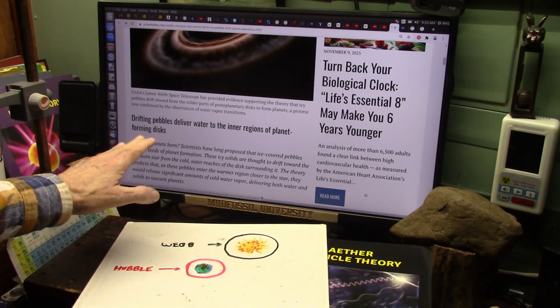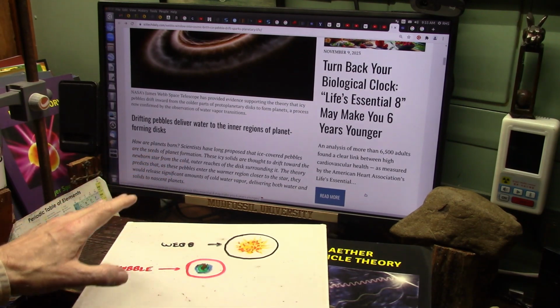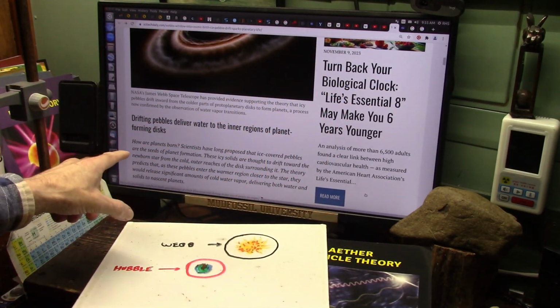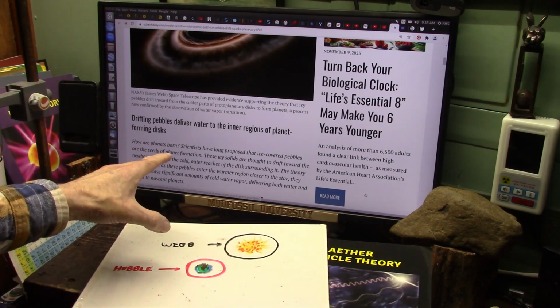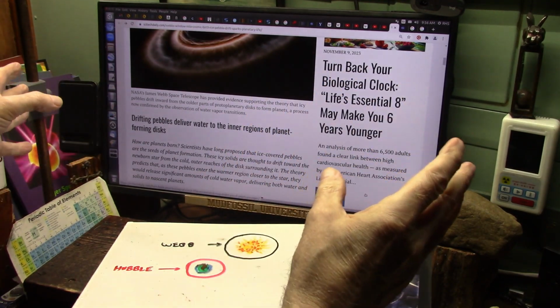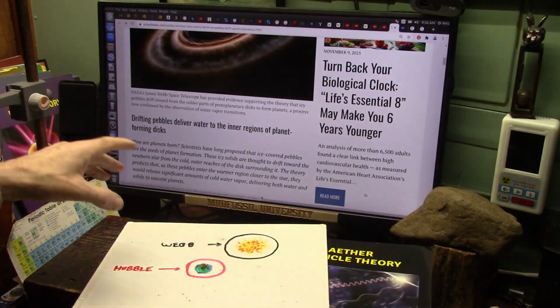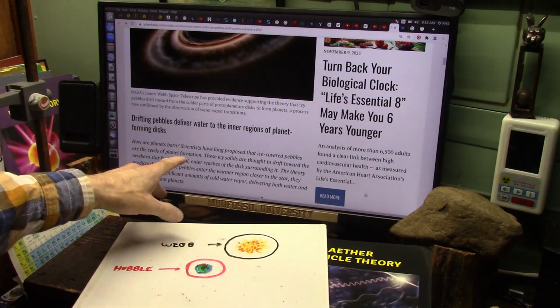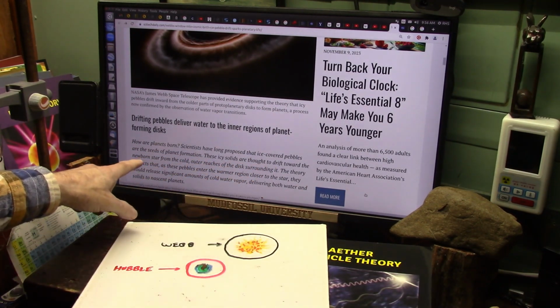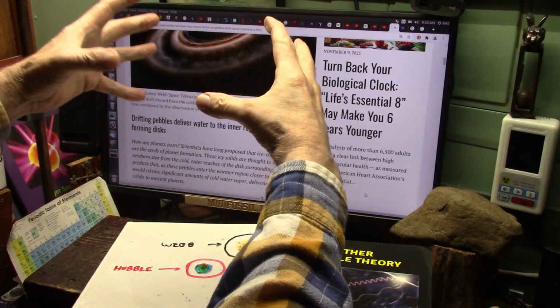How are planets born? Scientists long proposed that ice-covered pebbles are the seeds of planet formation. Well, first of all, where did they come from? Where did their ice come from? If they're out there, that's fine, but they had to come from somewhere. These icy solids are thought to drift toward the newborn star. So they're ice and solid out here.